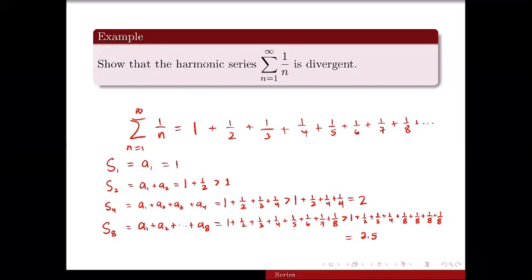So for this, let me change this instead. This is equal to 1.5. But what does this mean? S sub 8 here, your S sub 8 in here is greater than 2.5.